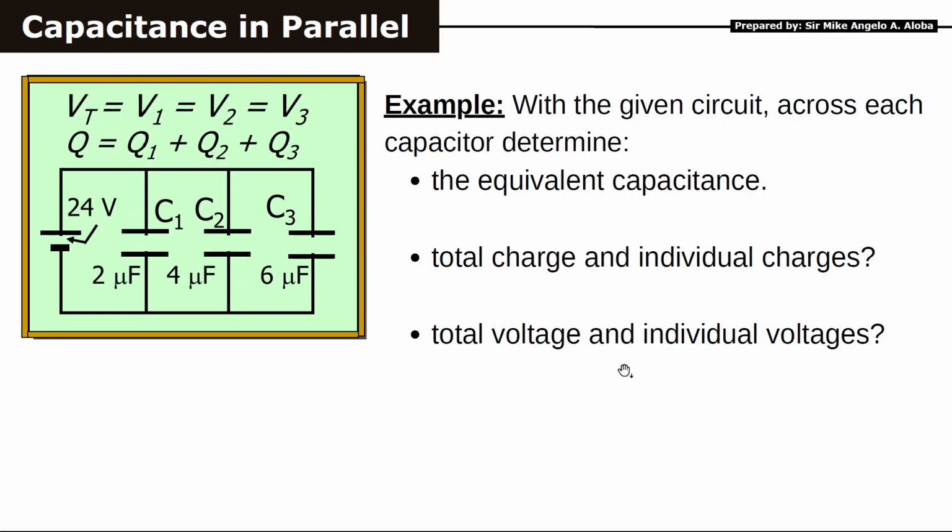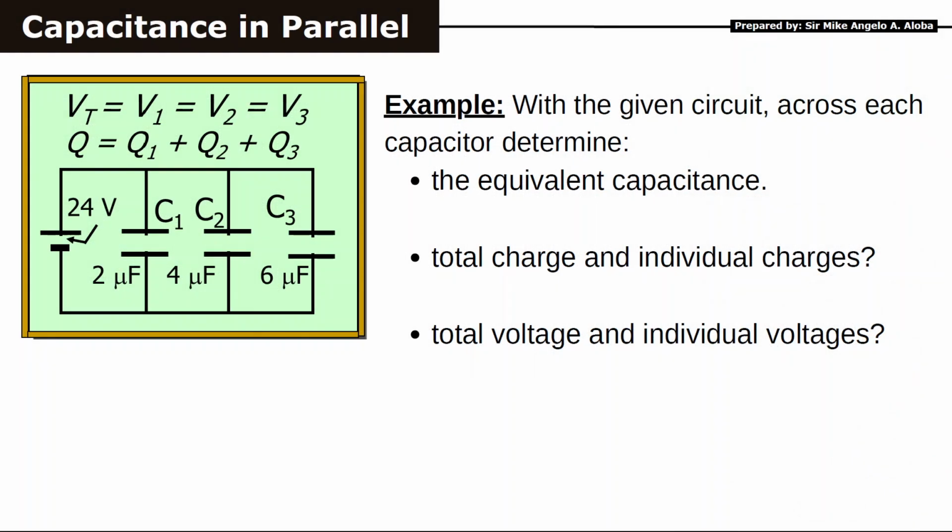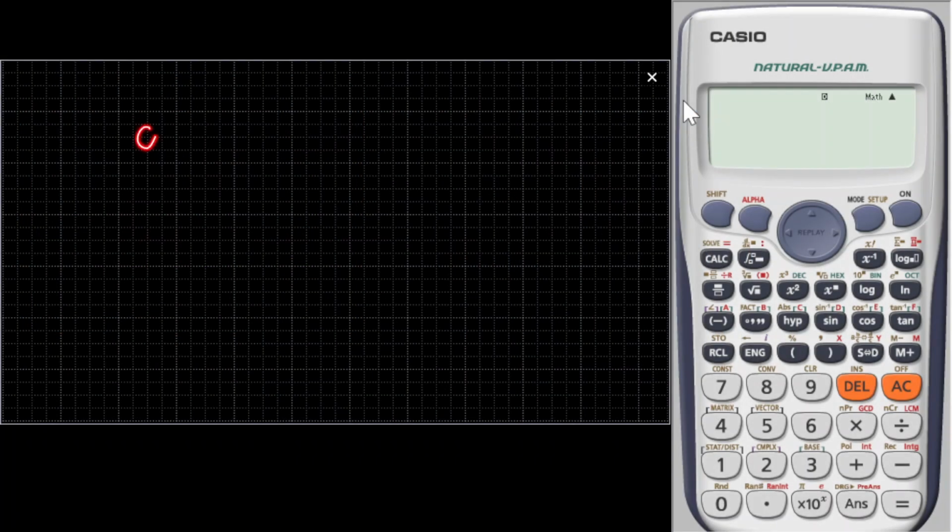Alright. So, let's try to solve this problem. With a given circuit, across each capacitor, determine the equivalent capacitance muna. So, let's go to the equivalent capacitance. What is the formula for equivalent capacitance sa parallel? Equivalent capacitance sa parallel is just the sum of the individual capacitance of the capacitors.